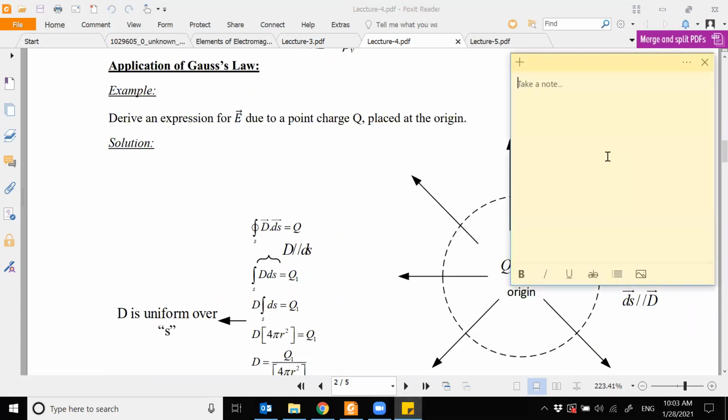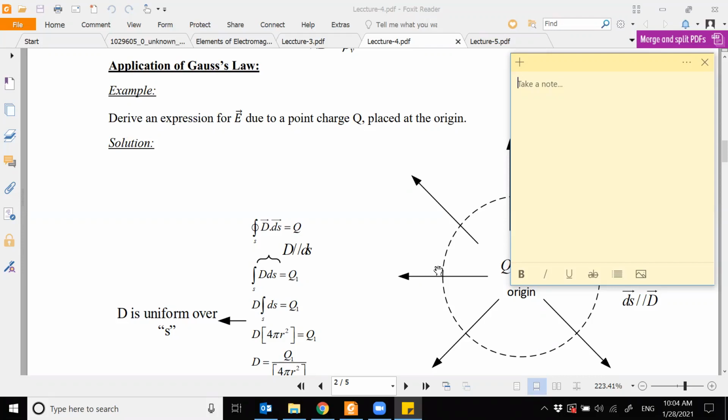So now we are trying to apply Gauss's law to find the electric field. And as I told you in the previous class, Gauss's law becomes very handy and you will get the answer very quickly when your problem has symmetry.